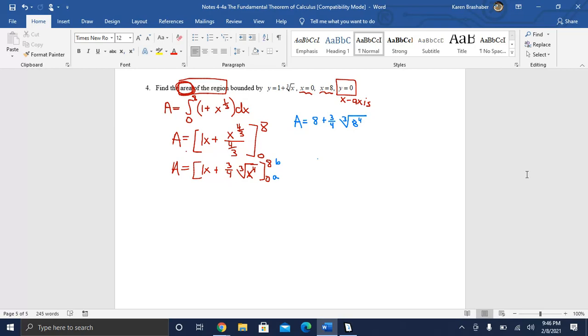And I'm wondering if you know a quick way to evaluate that. So stick with me here. Minus, and then we'll do f of a, which is your 0. So we'll have 0 plus 3/4 times the third root of 0 to the 4th power.